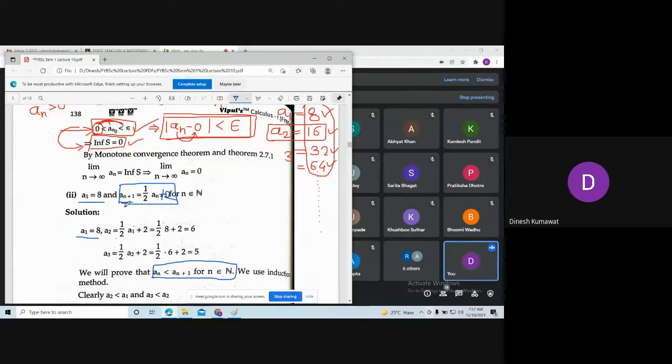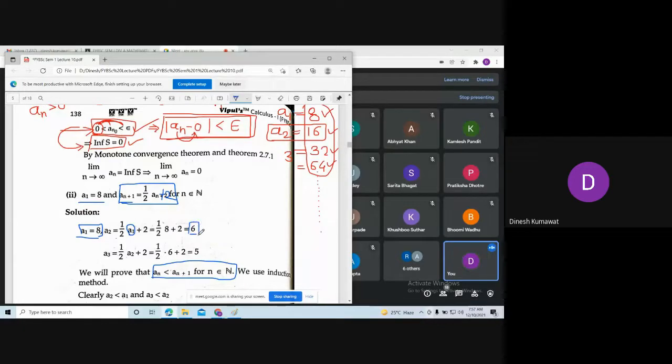Then a2 is nothing but 1 upon 2 times a1 plus 2. But we already know a1 is nothing but 8. So 1 upon 2 times 8 plus 2. This gives me 4 plus 2, which gives me 6. So as you can see, our first term is 8 and the next term is 6.